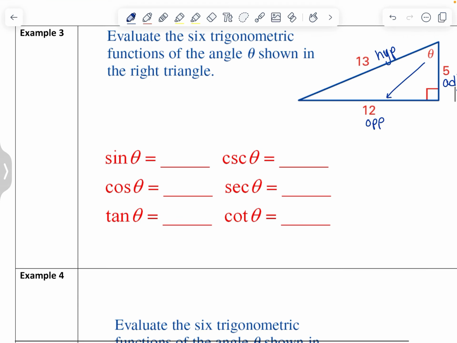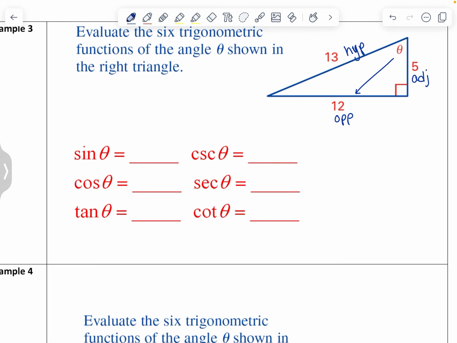So sine is opposite over hypotenuse, cosine is adjacent over hypotenuse, and tangent is opposite over adjacent for those three main ones. Sine will be 12/13 because the opposite side is 12 and the hypotenuse is 13, which means the cosecant, CSC, will be the reciprocal, 13 over 12.